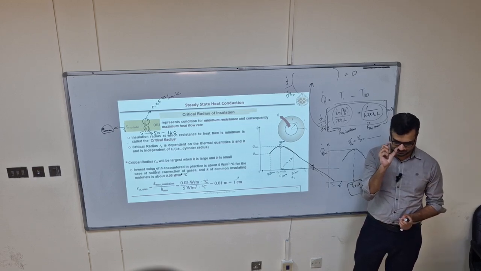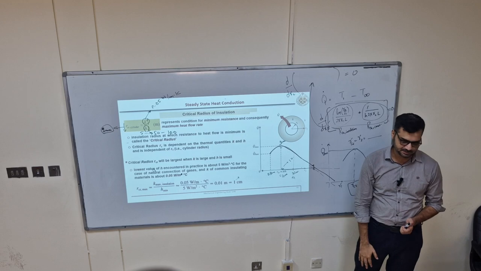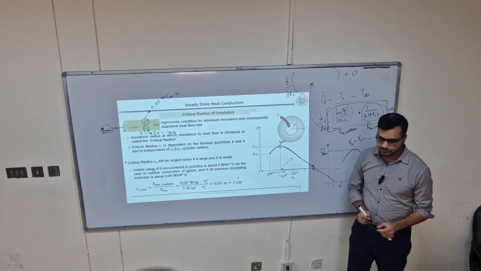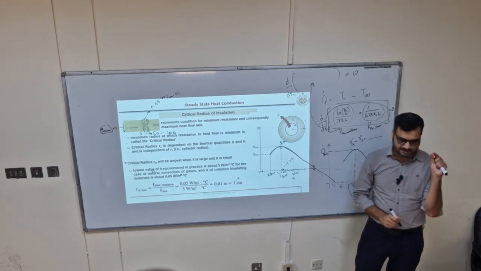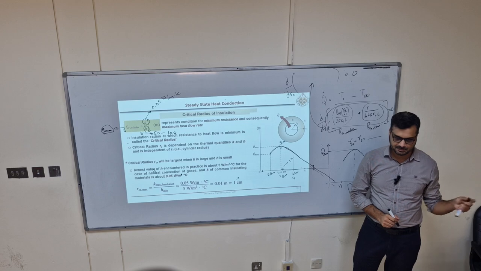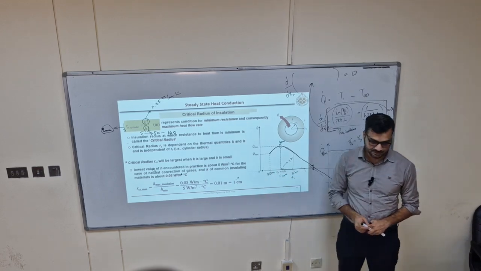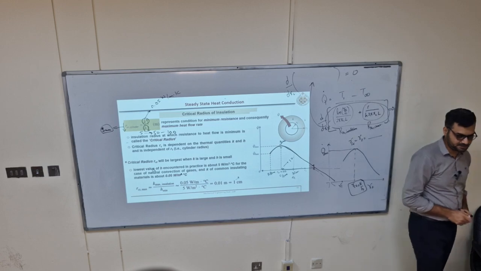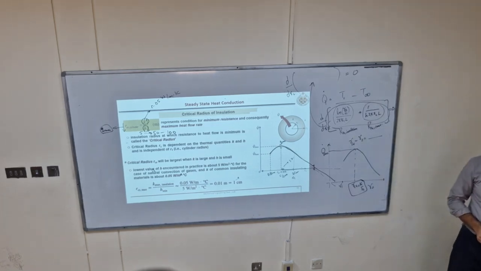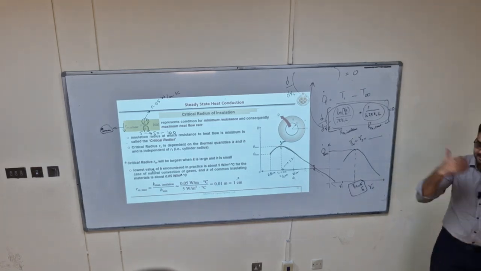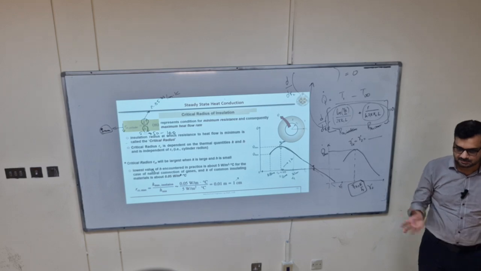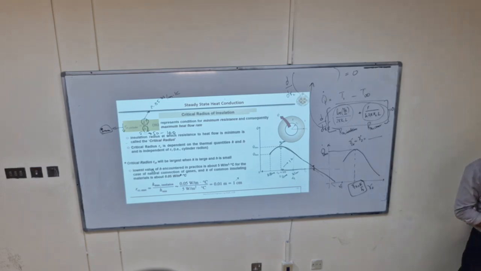And here we are using a very small thickness of insulation, so we are less than 1 centimeter. Here for electric wires, we actually want this heat to be dissipated.